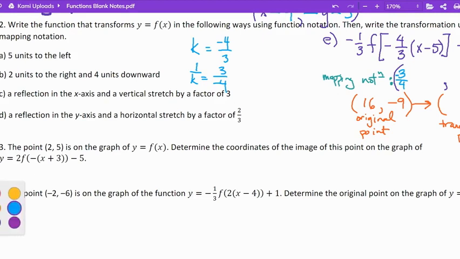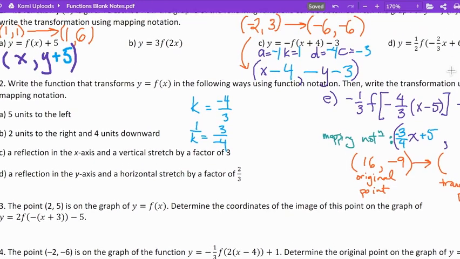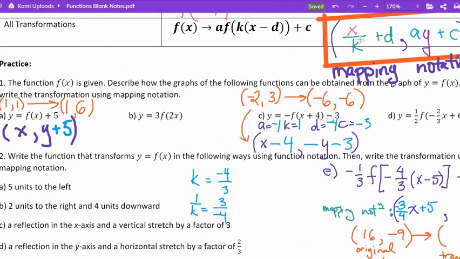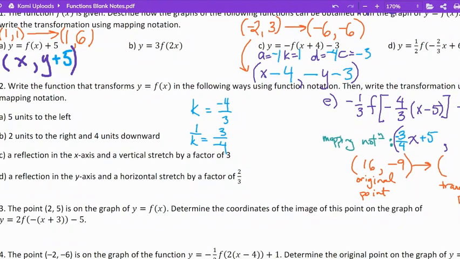So it doesn't matter if the negative is in the numerator or denominator. Because remember, in the mapping notation, we have x over k. So the over k is telling us that it's 1/k. So you have to take your k and flip it.